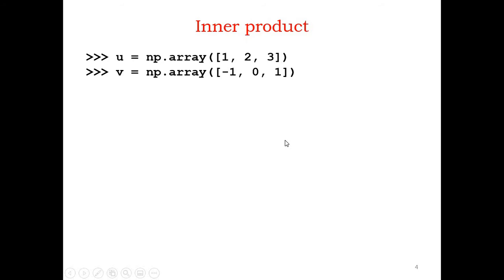Inner product is defined in a way. Suppose you have two arrays u and v, you can consider them as vectors. In your linear algebra class or in your vector calculus class, you have known how to take the inner product or dot product. So the inner product is more general.